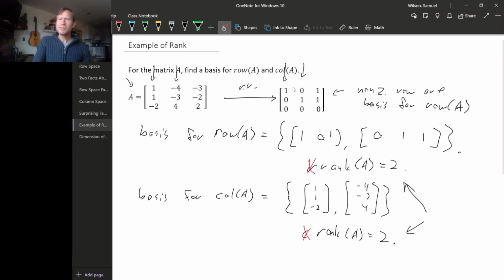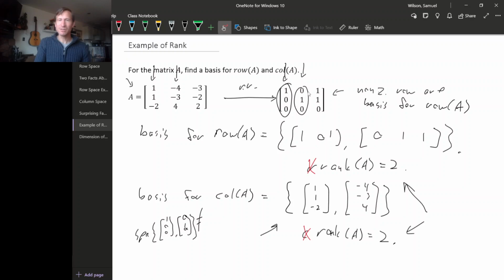Notice that to get a basis for our column space, we didn't actually take these pivot columns themselves, right? The column space here is not the span of the pivot columns themselves, because these pivot columns arose after doing a bunch of row operations, and row operations change the column space.